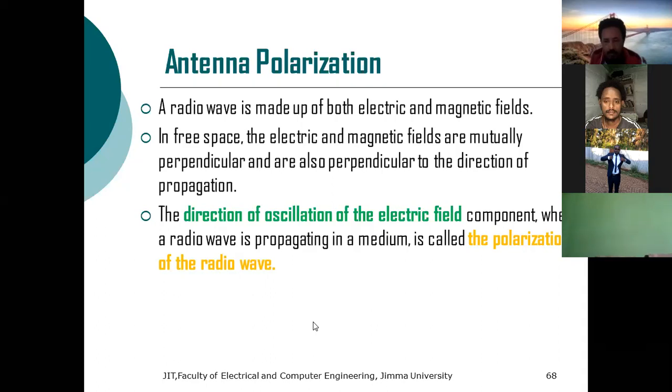The question is, what is the need for polarization? Brooke said that polarization maximizes or improves the efficiency of signal reception. In terms of efficiency, we have said that it is input to output. What do we mean by efficiency for the case of polarization?